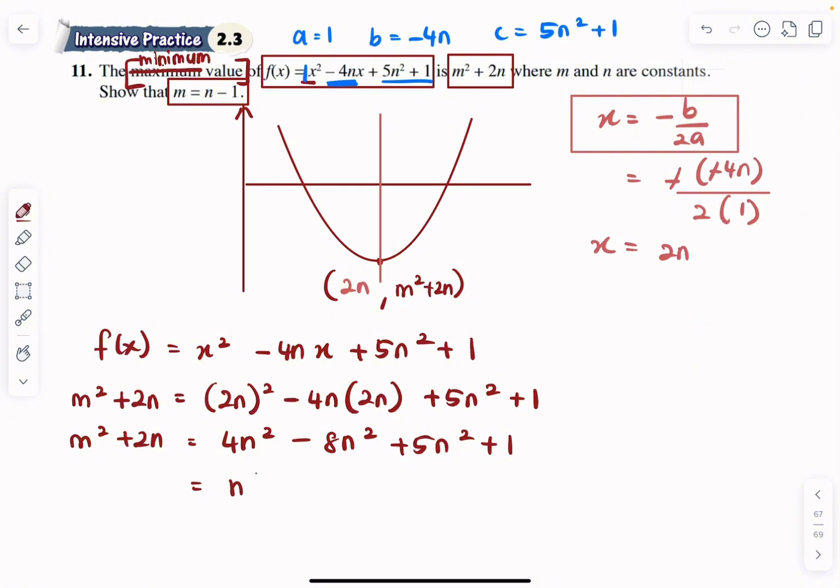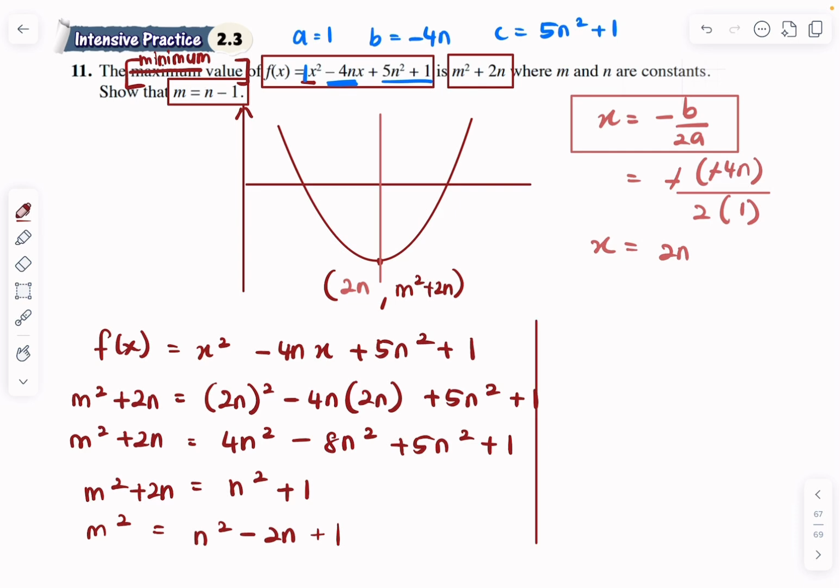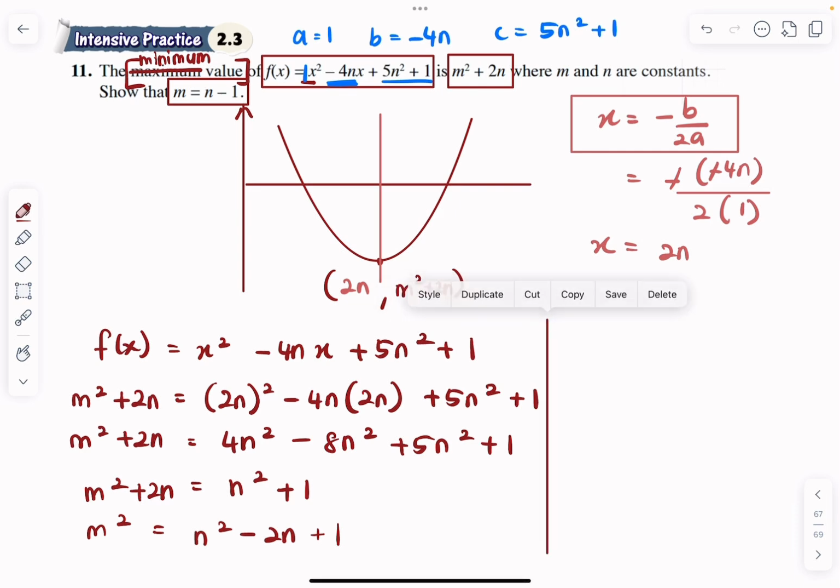So n squared plus 1 is m squared plus 2n. Then this 2n we can bring over to this side. m squared will equal n squared minus 2n plus 1. Let's continue here. n squared minus 2n plus 1, we can try to factorize it.